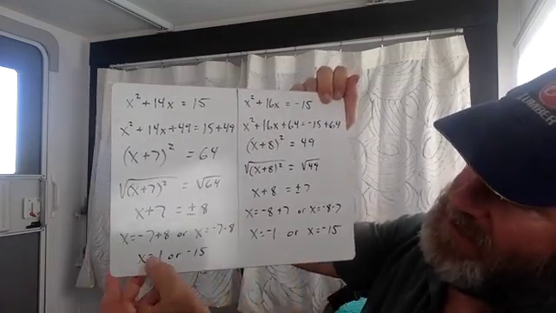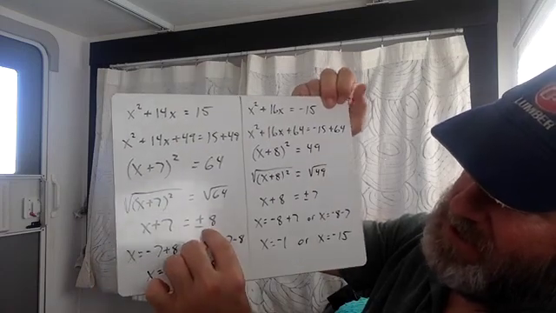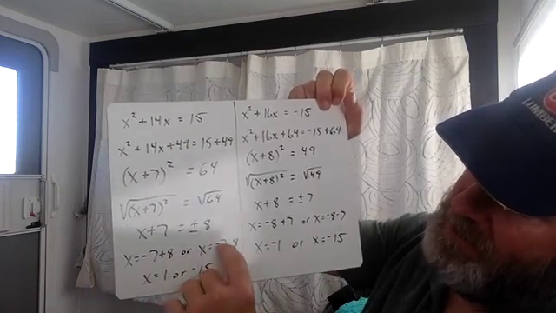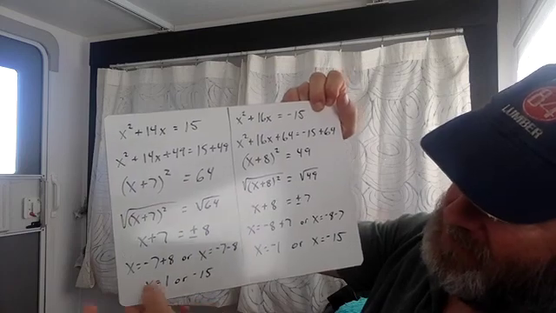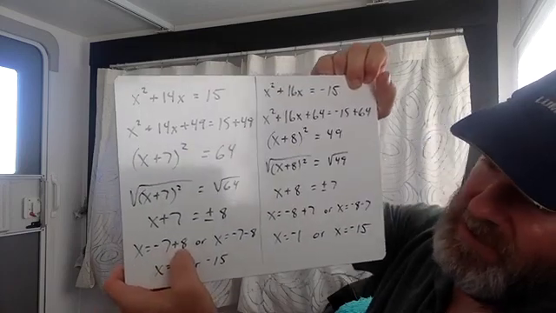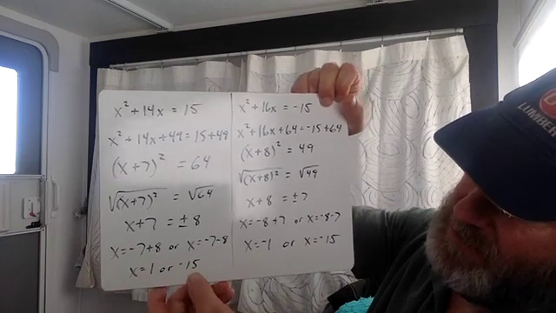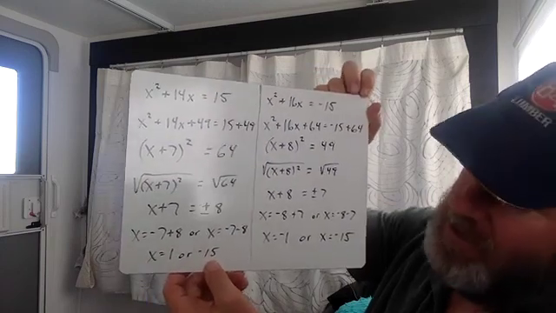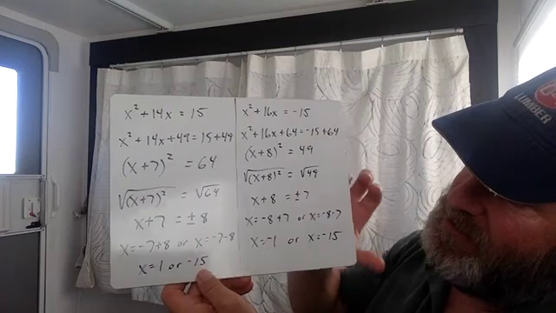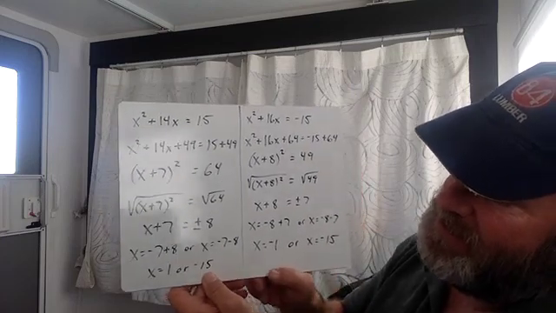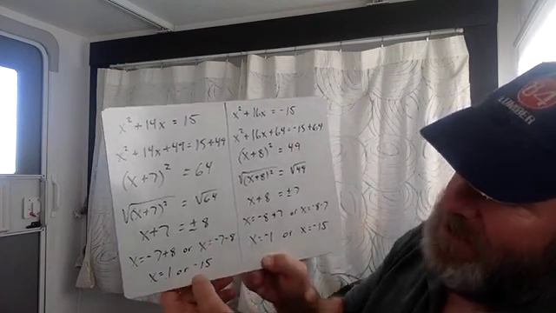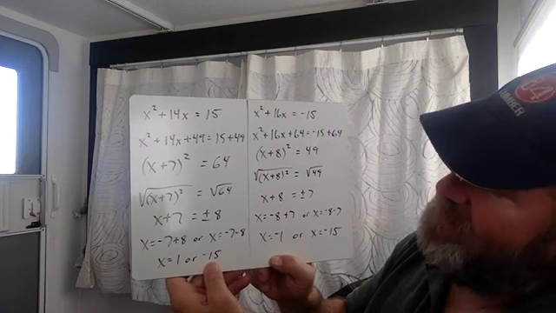So you're going to have negative 7 plus 8, because it's plus or minus 8, or you're going to have negative 7 minus 8. That'll give you your 2 answers, positive 1 or negative 15. And you're done. You've solved that problem. Those would be your 2 x-intercepts. You would cross at 1, 0, and you would cross at negative 15, 0.